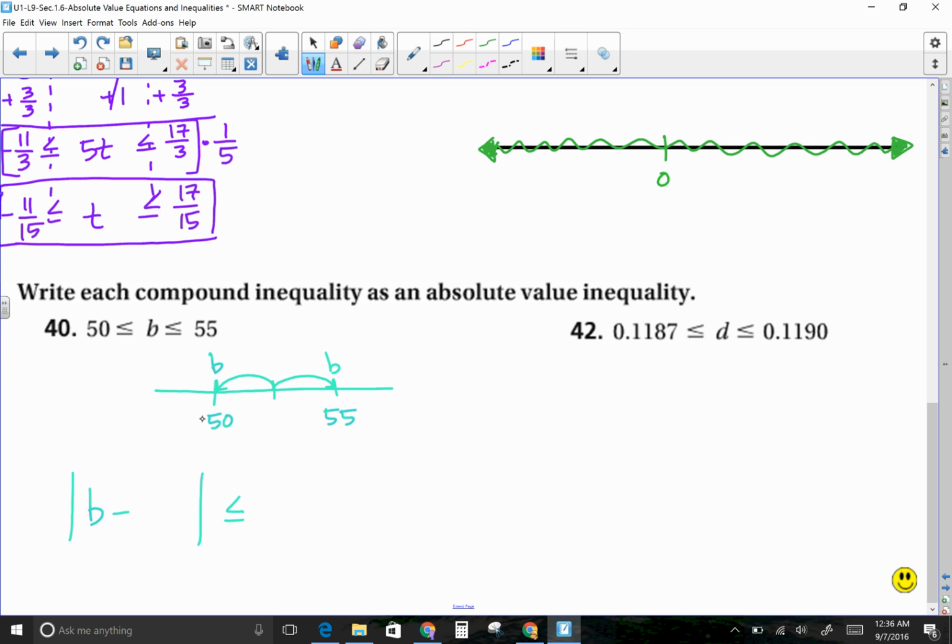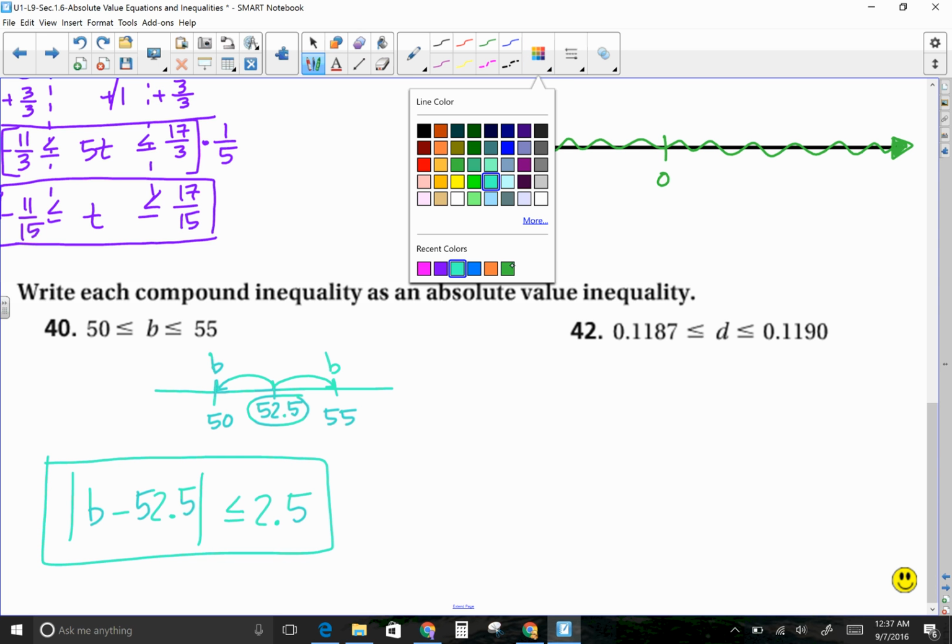What's halfway between 50 and 55 is 52.5. So this midpoint, or middle number, will always be inside with your absolute value. That says the distance between b and 52.5 is less than or equal to, well, what's the distance between 52.5 and 50? 2.5. So that's all it is.